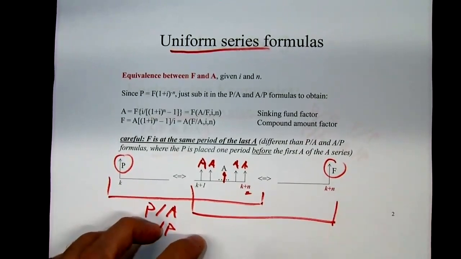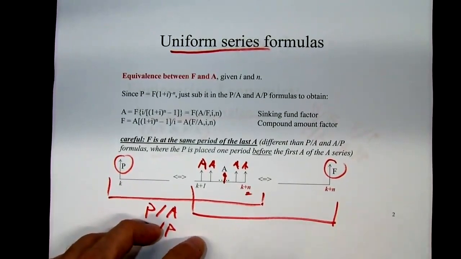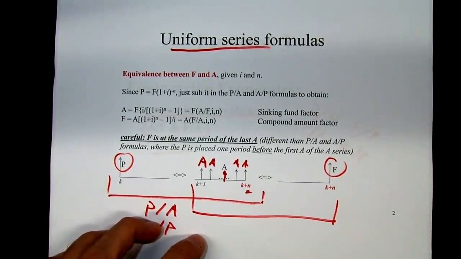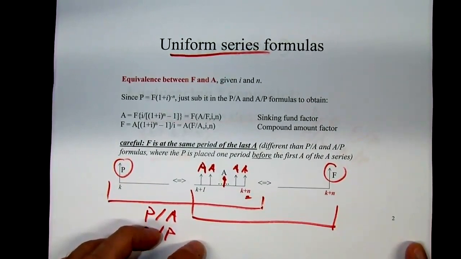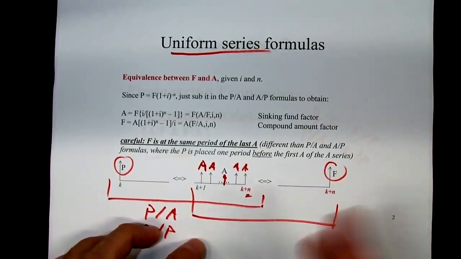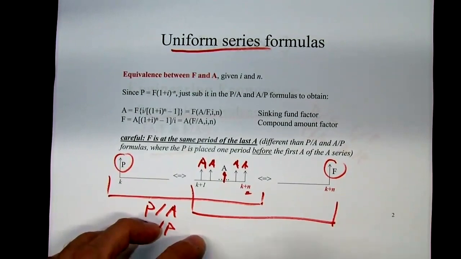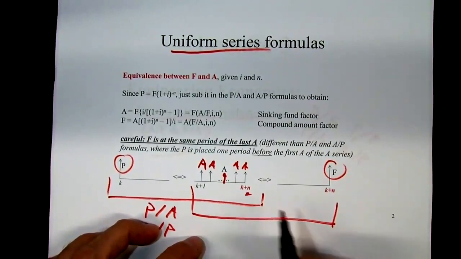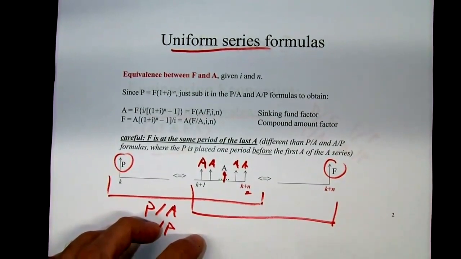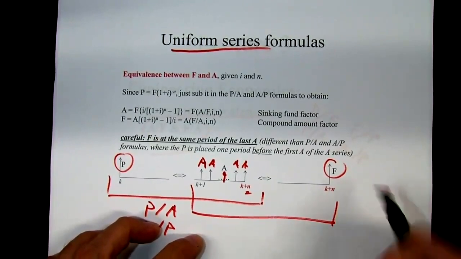The most confusing thing of this process, in addition to the formulas themselves, which you just look up in the table by picking the right number of periods and the right interest, is the following.